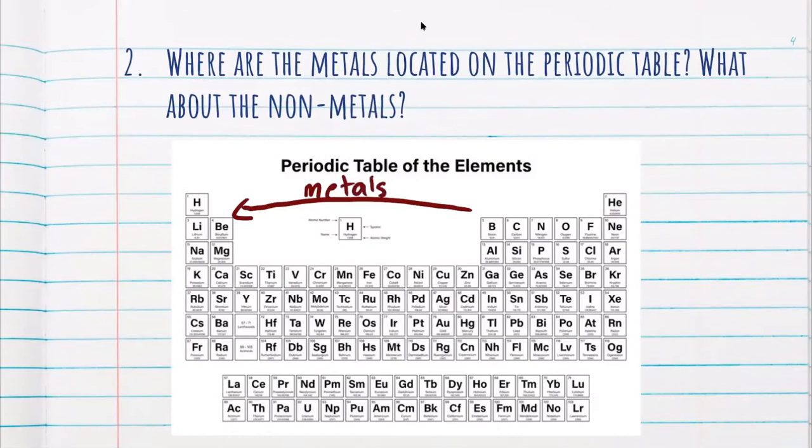You can use this little division as a separation. And if those are metals, that means that every element on the right side are the nonmetals. Awesome. Let's move on to number 3.